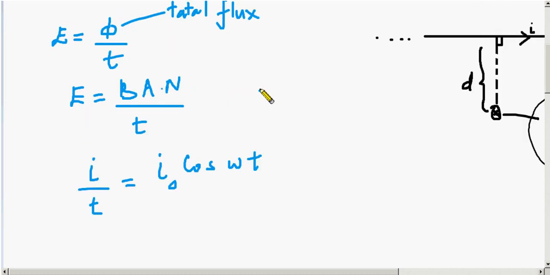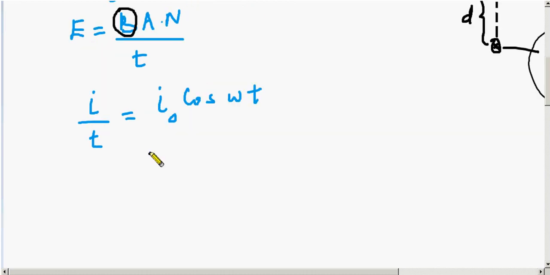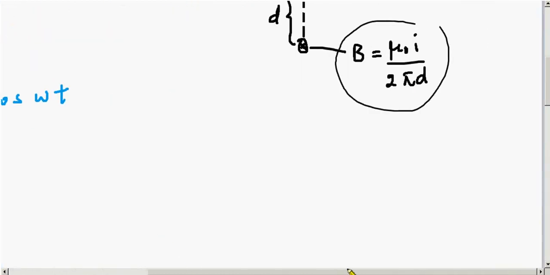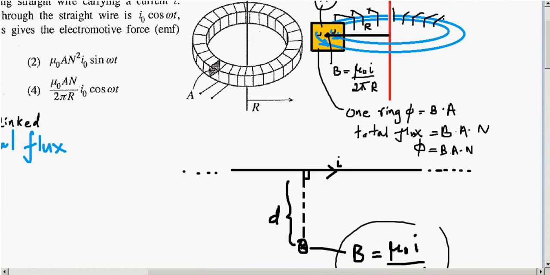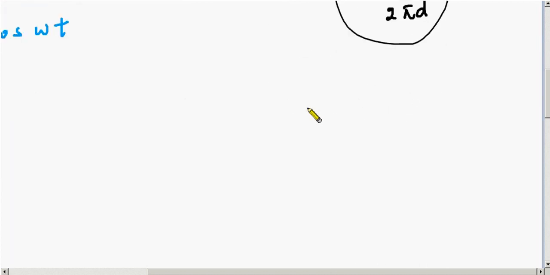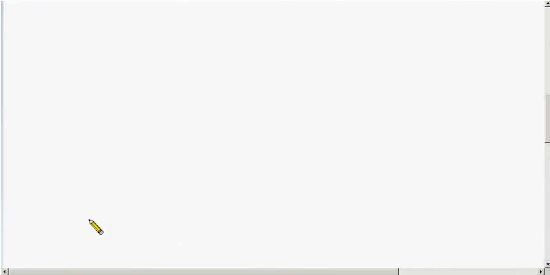To use this, before that we have to substitute the equation we have written for B. What is B? B is this one. So let us substitute it here. We can say B equals this one.